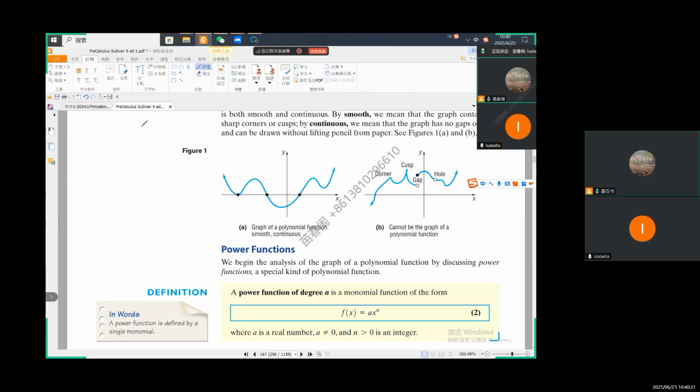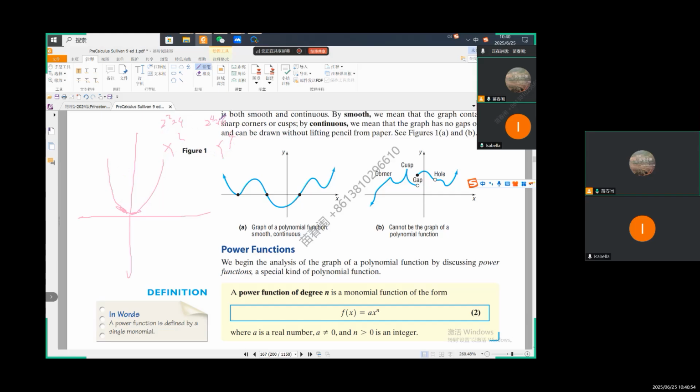You can see that, for example, if this is x squared, and if I say x to the fourth power, let's say I substitute 2: 2 squared is 4, and substituting 2 into the fourth power gives 16, right?